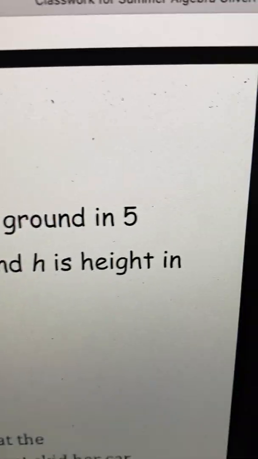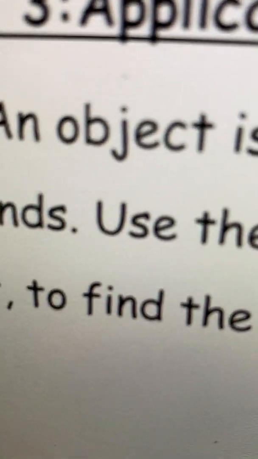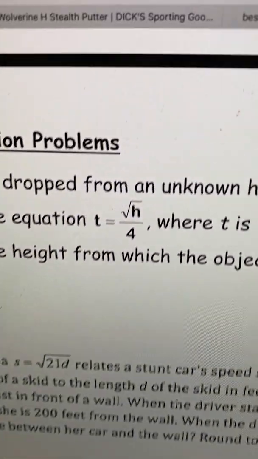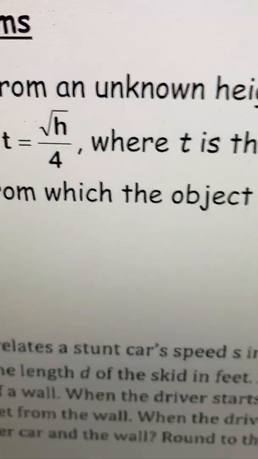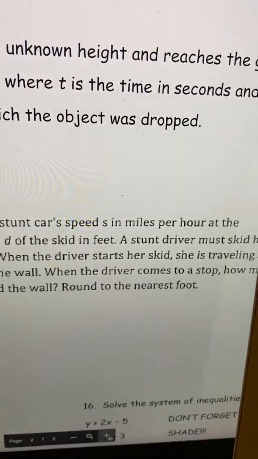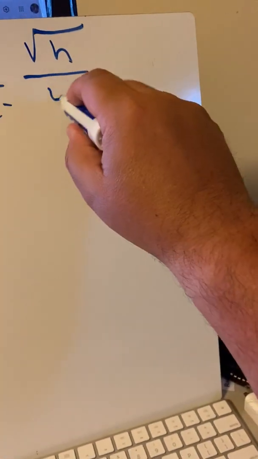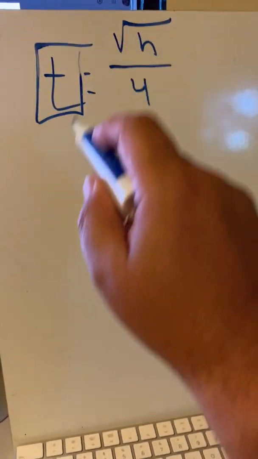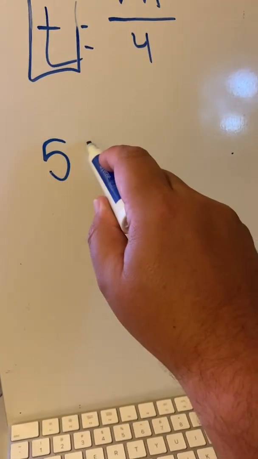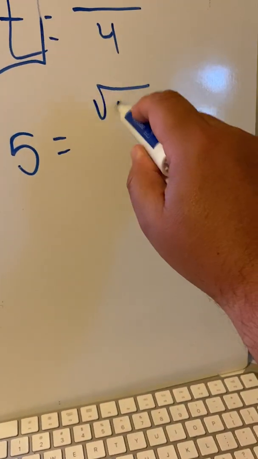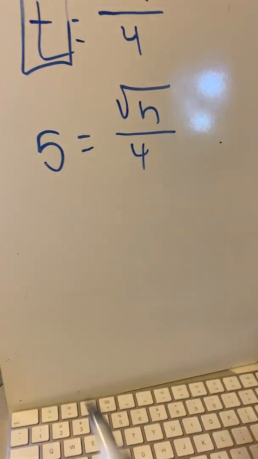They give you the time. So the formula is right there. T is equal to the square root of the height divided by 4. They give you the time. They tell you that it is 5 seconds equals the square root of the height divided by 4.